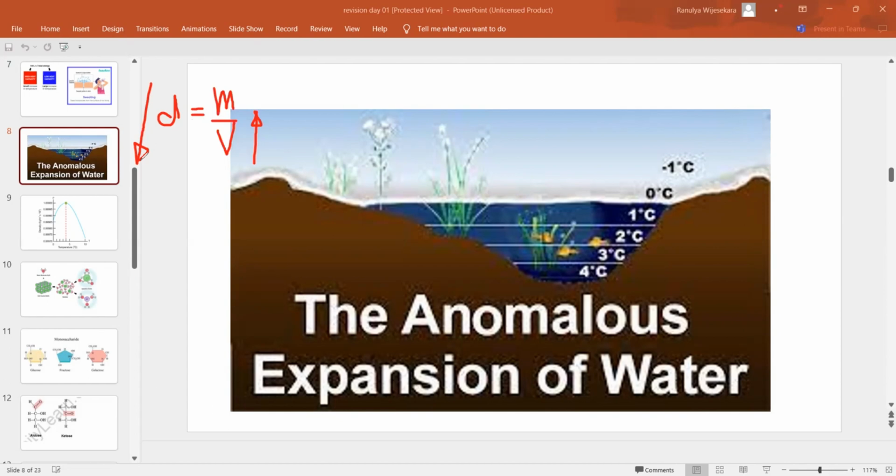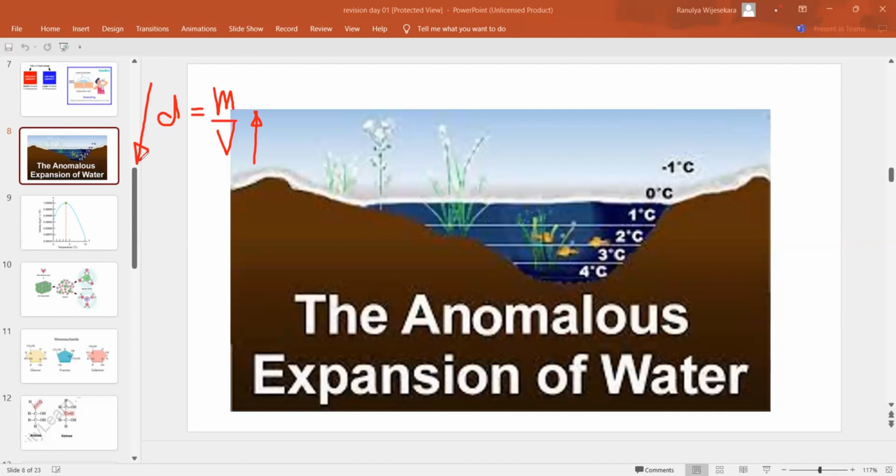Right? 4 degrees Celsius වෙනකම් temperature එක අඩු වෙනකොට මොකද වෙන්නේ? volume එක අඩු වෙලා density එක වැඩි වෙනවා. හරිද? At 4 degrees Celsius, water has its highest density. If temperature decreased further from 0 to 4, what happened? Right? The density decreases. Density එක decrease වෙනවා.